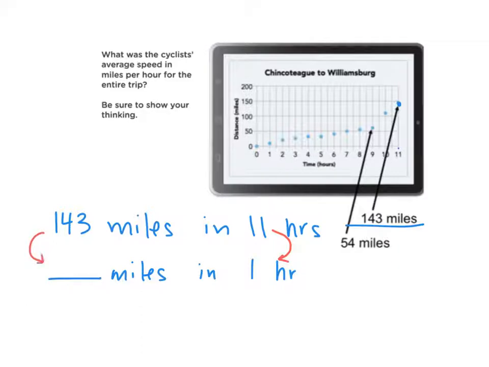And what we're going to do is divide by 11, because 11 divided by 11 gets me to my target amount of 1. And if I'm going to divide that by 11, I have to divide the miles by 11. And that tells me that they can do 13 miles in 1 hour. So their average speed was 13 miles per hour.